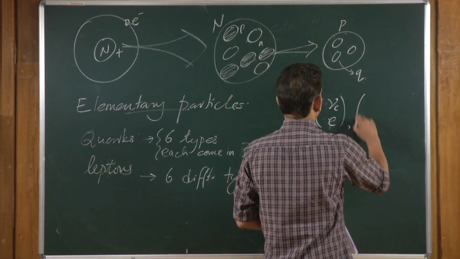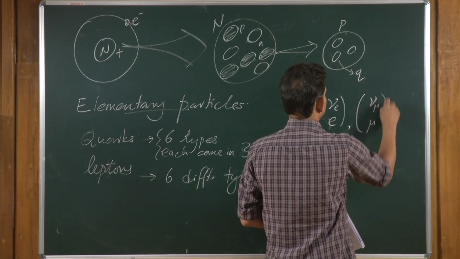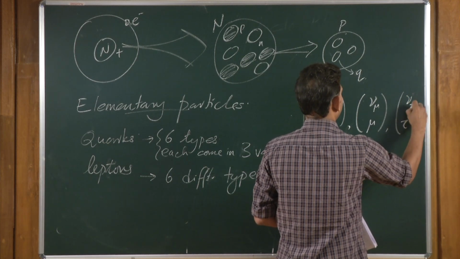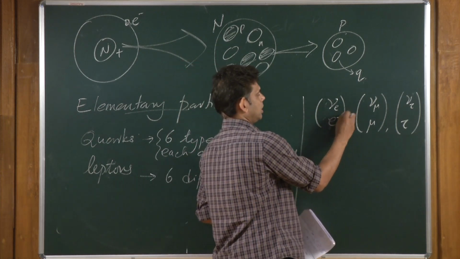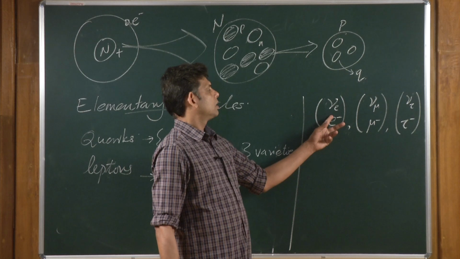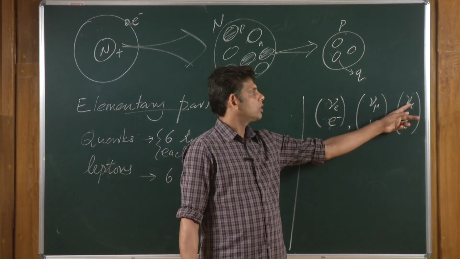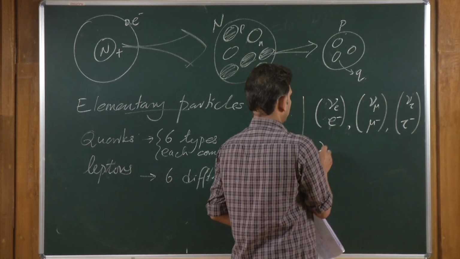So, there are electrons and muons and tau leptons. All of these particles are negatively charged, different in masses, and then there are what are called the neutrinos.